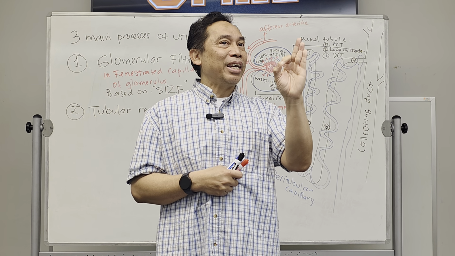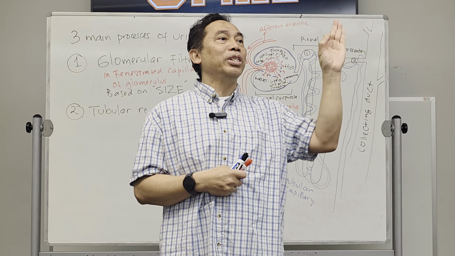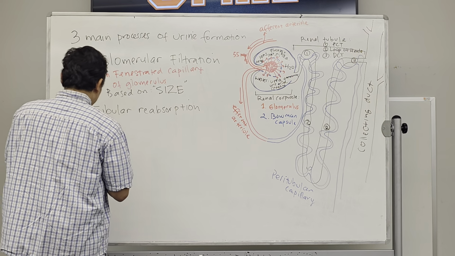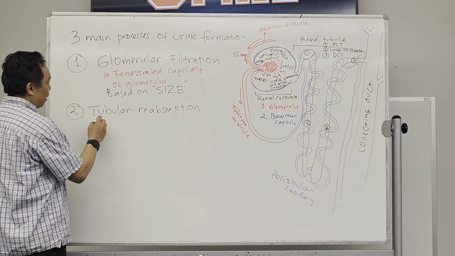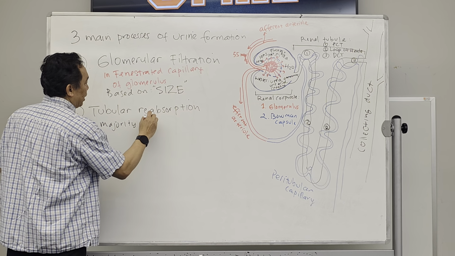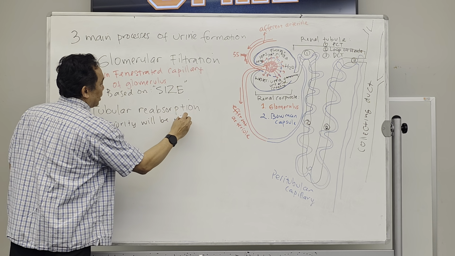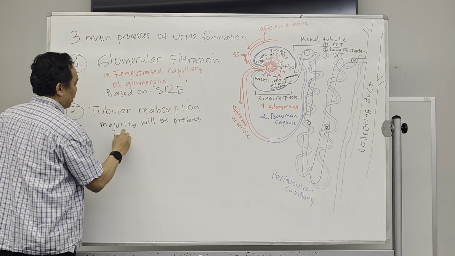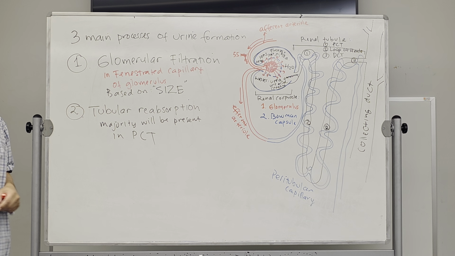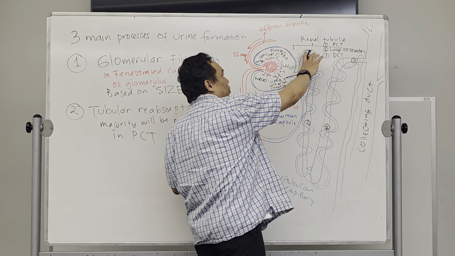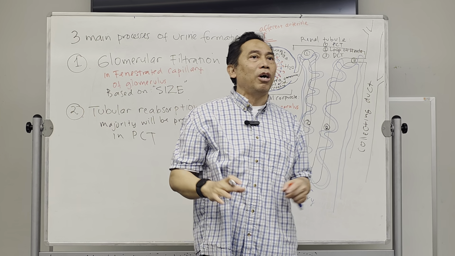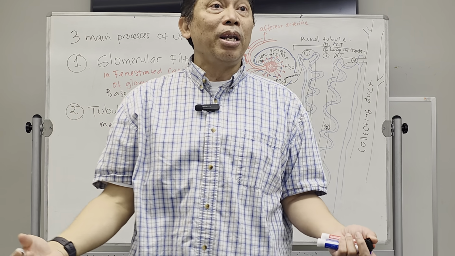It has to happen there. Otherwise, we're going to lose them. Therefore, the majority of the tubular reabsorption over here will be present in the PCT, the proximal tubule, which is the very short part over here, but a lot of reabsorption of important molecules.